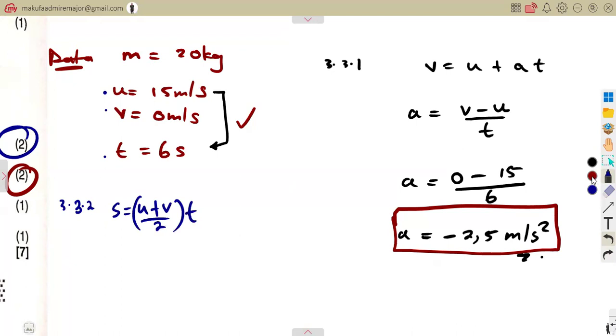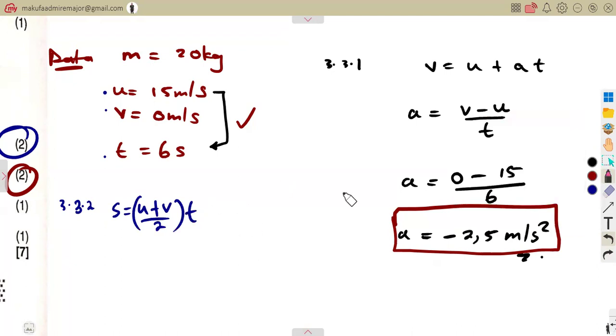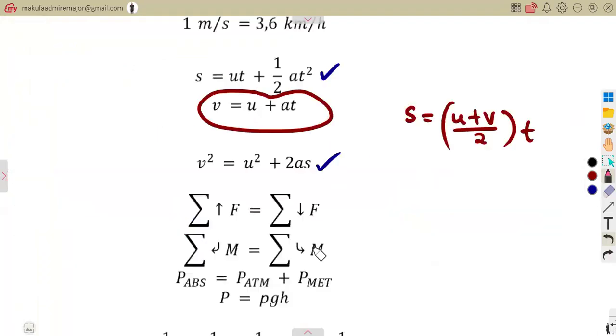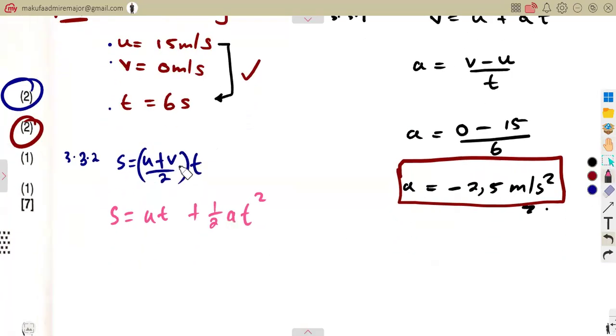Okay, if you want to use only the formulas that are given, meaning you are limiting yourself to these formulas, I can use S is equal to UT plus half AT squared. Let's see if I can have the same answer. Remember, I talked about this formula before. Guys, I want you to use this one and prove if you are going to have the same answer.